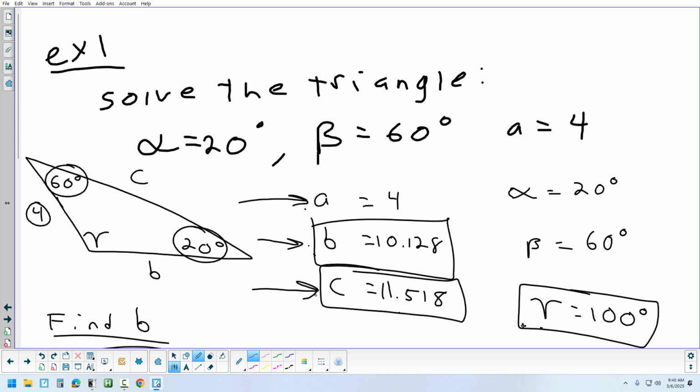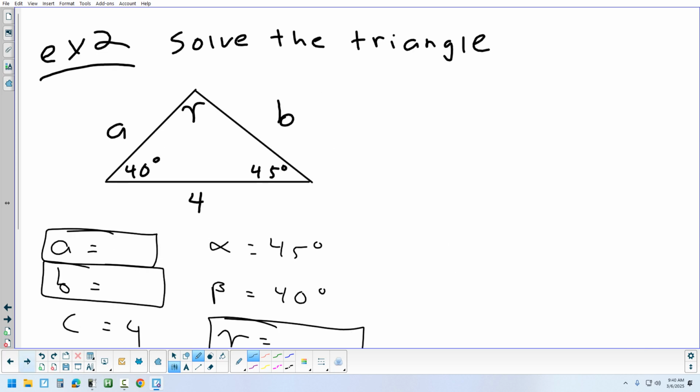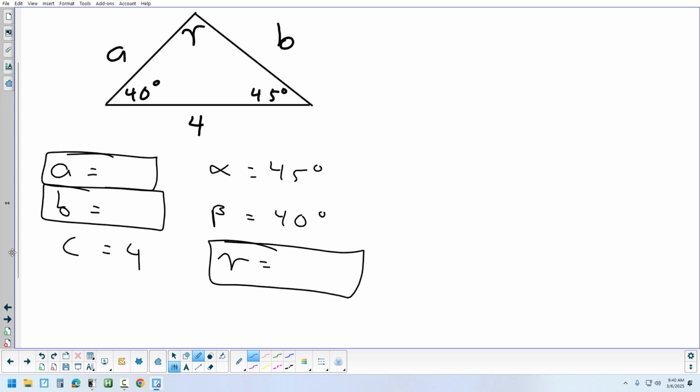Same with side, angle, side. You would have no way to find a full row without using trig. So we need to always have a full row to use law of sines. Do we have a full row with what was given?